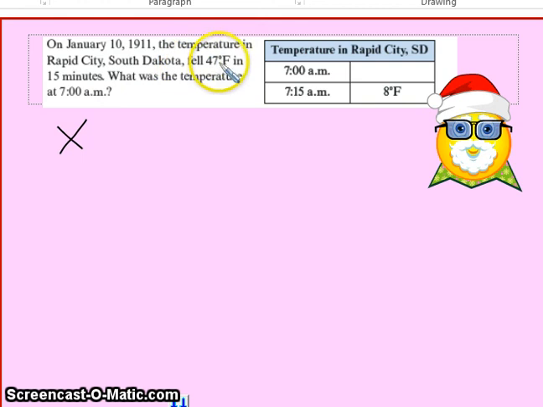And since it fell 47 degrees, that means that we subtracted 47 degrees from it. And when that temperature fell 47 degrees, it fell to 8 degrees. So we had some temperature at 7, it fell 47 degrees, and it ended up being 8. Now we have to figure out what that temperature was using opposite operations.